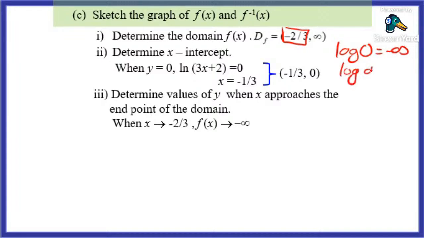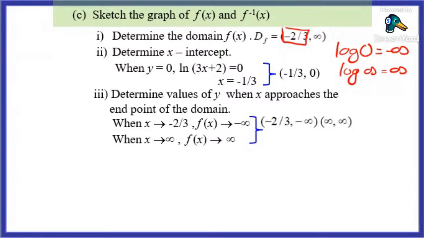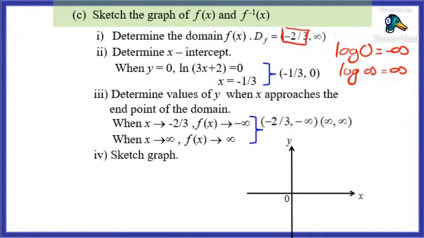Kalau log infinity, dia sama dengan infinity. So when x approach to infinity, dia akan jadi log 3 infinity plus 2, which is log infinity sama dengan infinity. So kita ada 2 point, negative 2 over 3, negative infinity dengan infinity, infinity. So apa you buat? You sambungkan ke tiga-tiga titik tu.